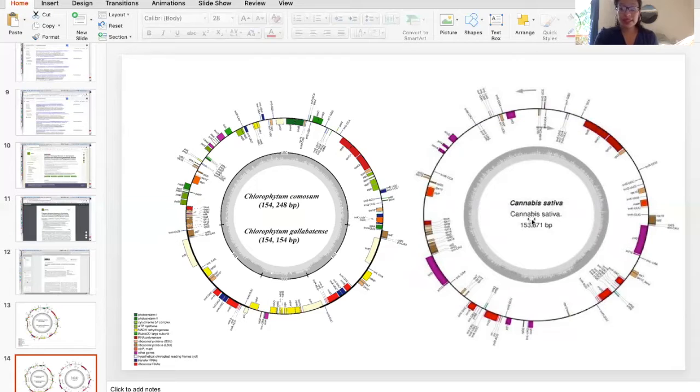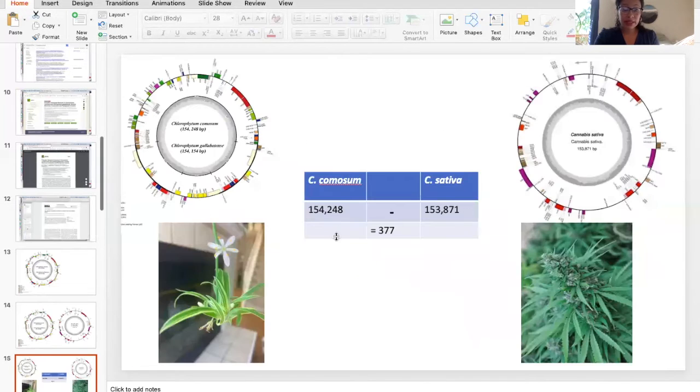So this is the number of the letters in the DNA of the chloroplast genome in cannabis. So with my very good mathematical abilities, I find out that the chloroplast genome of Chlorophytum comosum of the spider plant is bigger than the genome of cannabis. It's 377 base pairs larger.